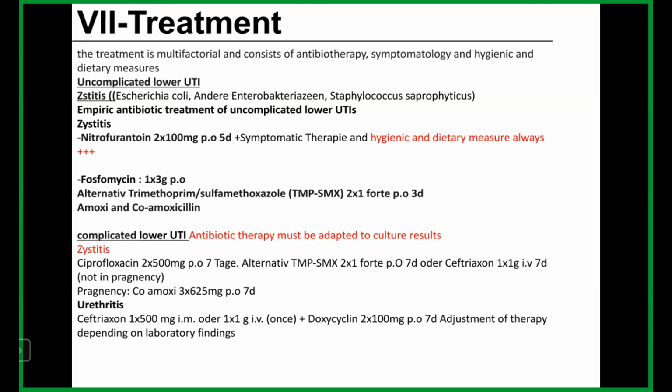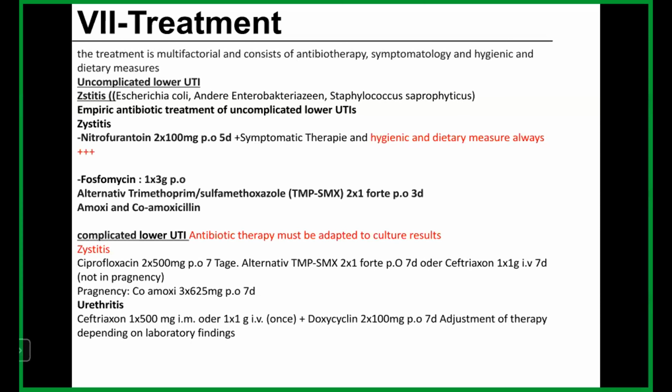Here we have the uncomplicated lower urinary tract infection, cystitis. And the most common responsible bacterium is E. coli. We could also have the other 5 bacteria. You remember, CPP. The therapy is empiric antibiotic treatment of uncomplicated lower UTIs.